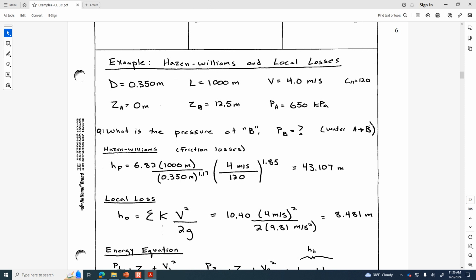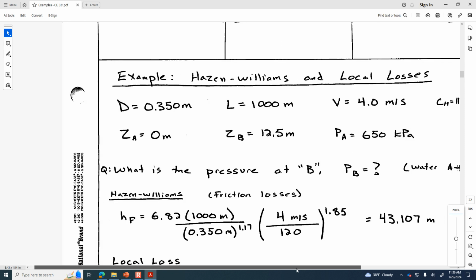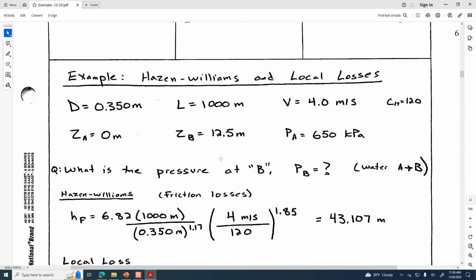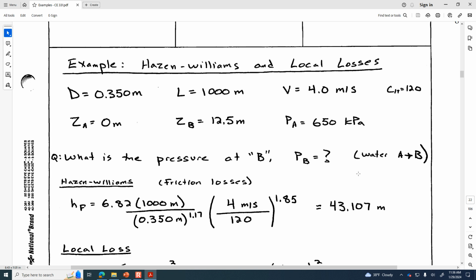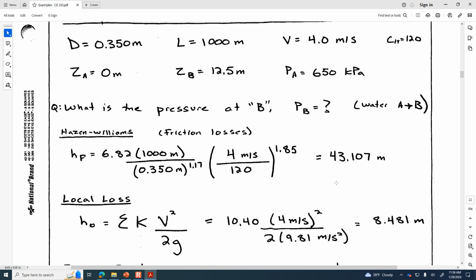What we've done is just at first summarize this scenario. What we're trying to do is find the pressure at B. So the friction losses, 43.1 meters. The local losses, in this case, we could just sum up all the K values because at each of those three locations, the velocity was the same.